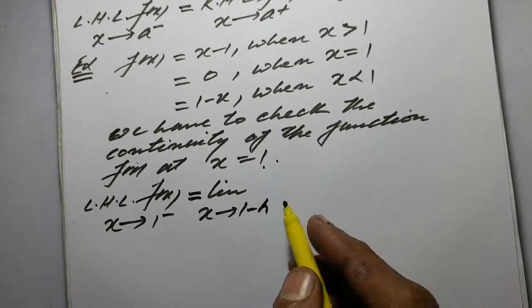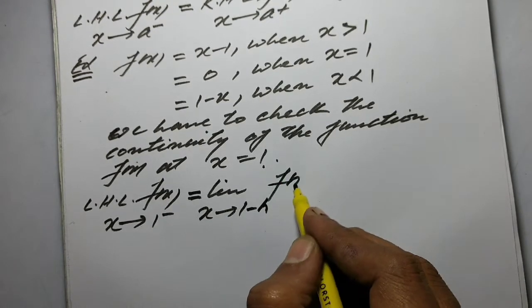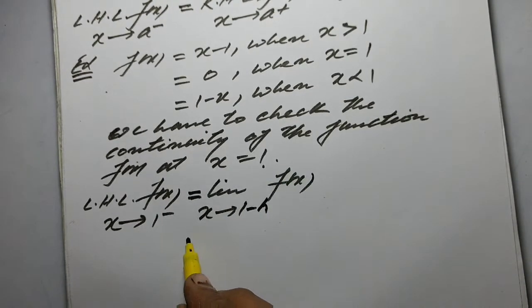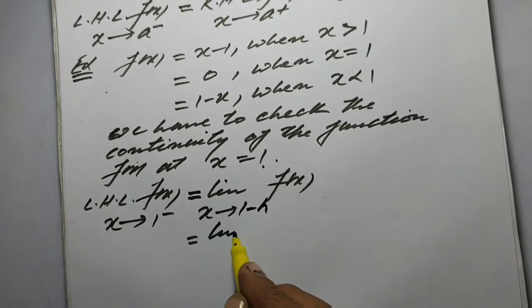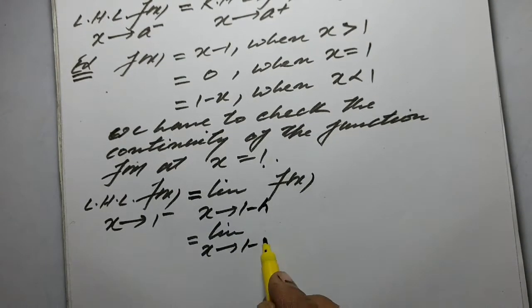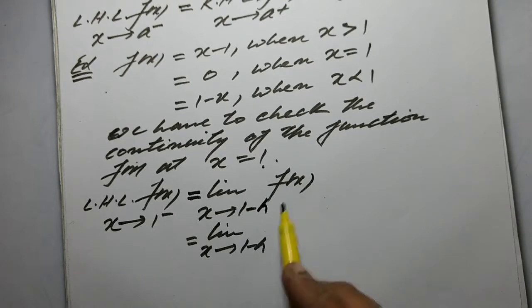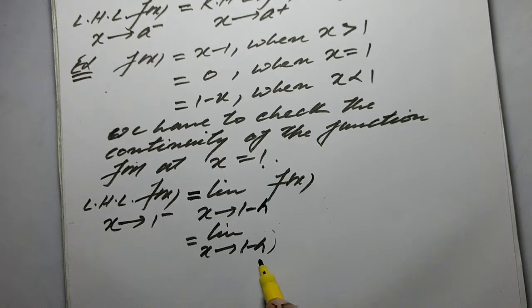So 1 minus h, and we write f(x) as it is. In the next step, we write limit x tends to 1 minus h, and 1 minus h is considered to be less than 1, since something is being subtracted from 1, though it is very small.